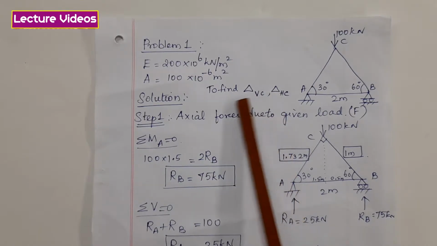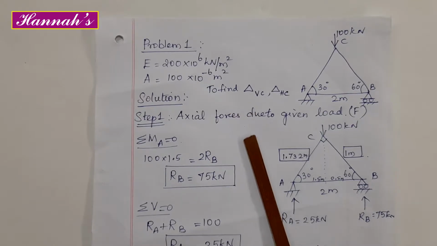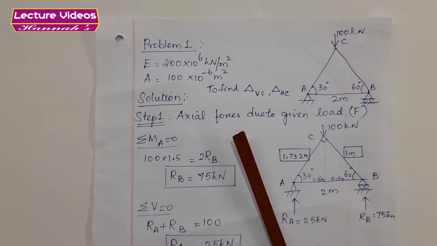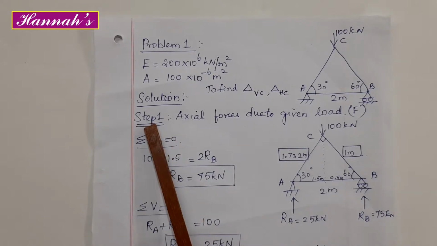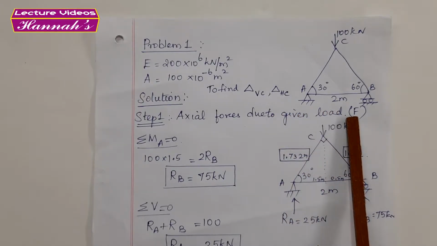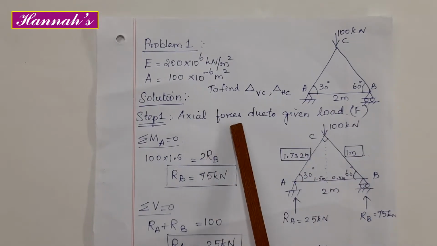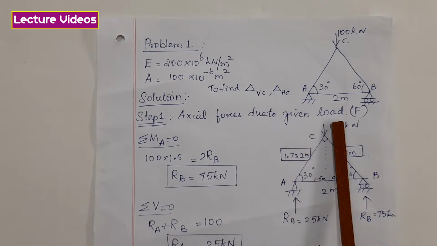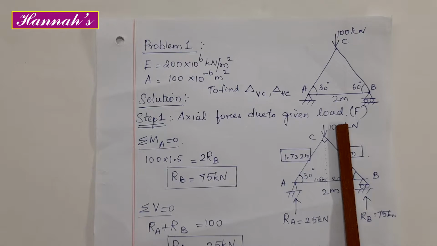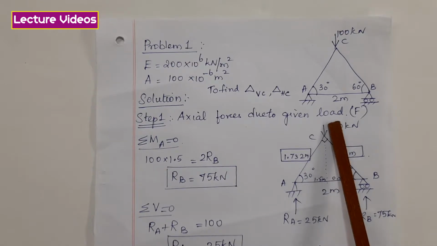To determine the deflection, we have the equation F k L by AE or P k L by AE. Step 1 will be calculation of the F values or the P values, that is, the axial forces due to the given load. To find the axial forces due to the given load, the first and foremost step is to calculate the reactions for the given loading.